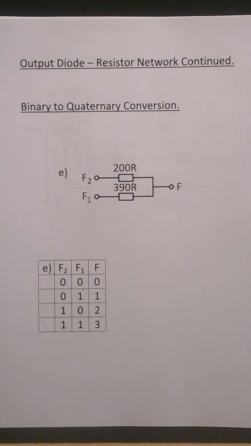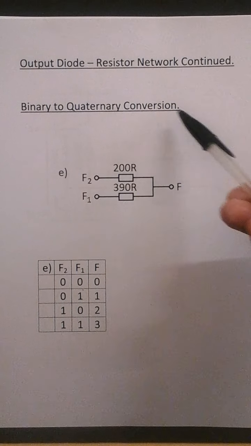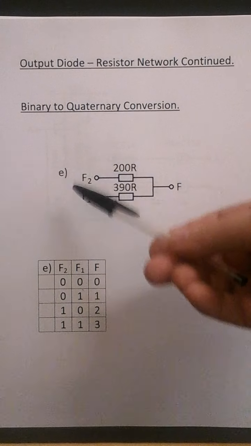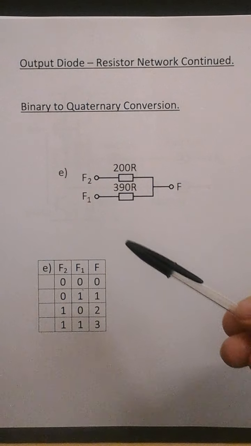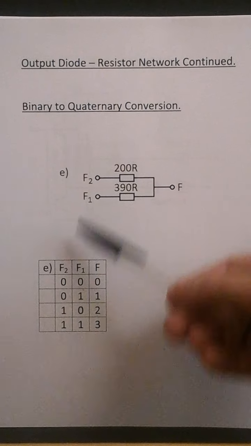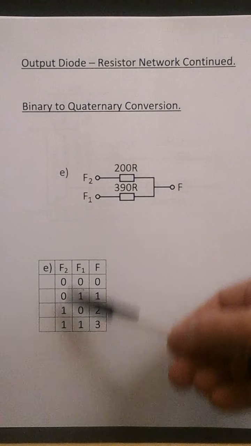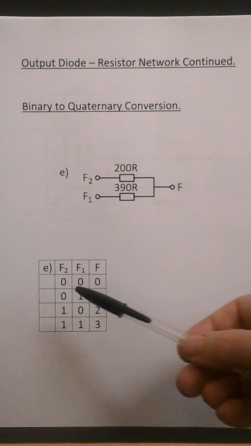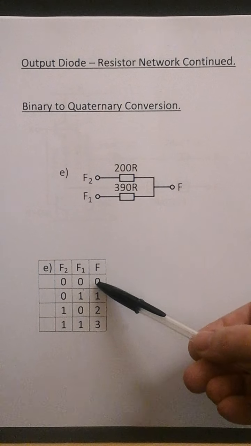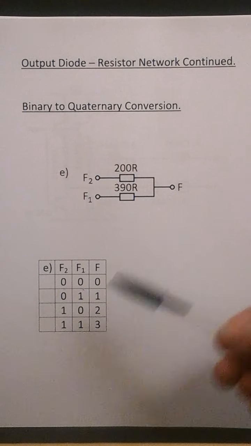Right, so binary to quaternary conversion. This is diode resistor network E. F2 and F1 are the binary inputs. F is the quaternary output. If F2 and F1 are 0, F equals 0.